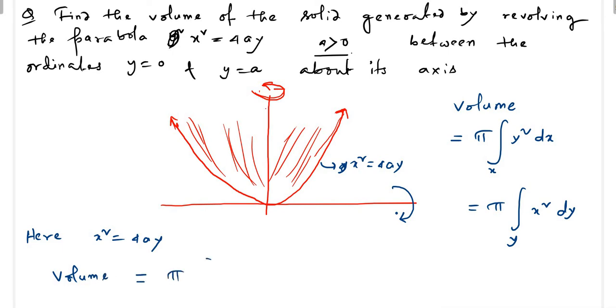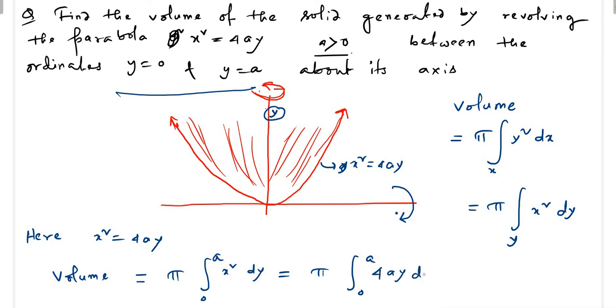It is pi times the integration; the range of the integration has been given. It is y equal to 0 to y equal to a, and it is x square dy, since we are rotating around the y-axis. So pi times integration 0 to a, x square is given, it is 4ay dy, and ultimately the answer is 2 pi a cube cubic units.